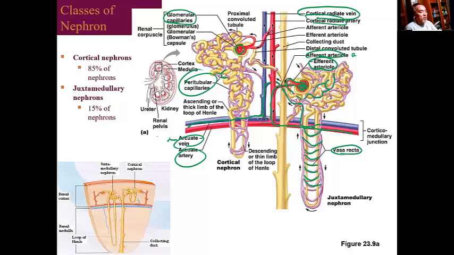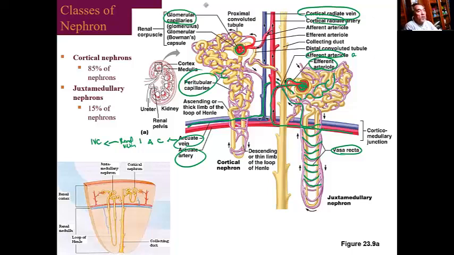Remember it goes back as the cortical radiate vein, arcuate vein, interlobar vein, and then the renal vein. Then the renal vein becomes the inferior vena cava. So that's what is happening in our blood vessels.